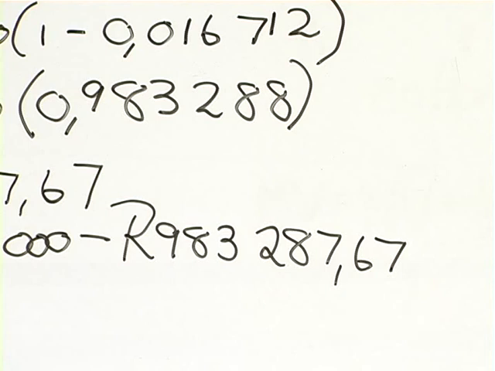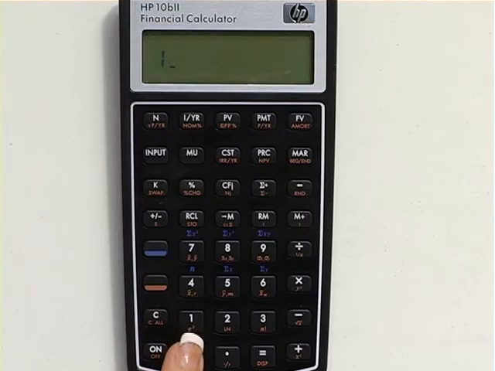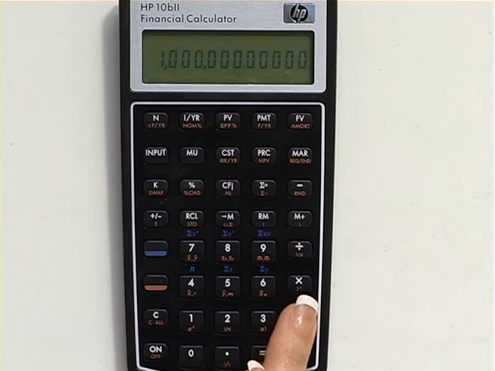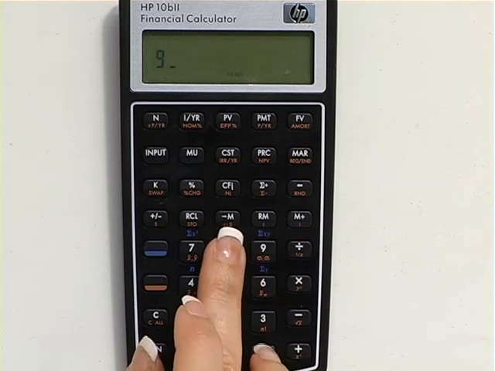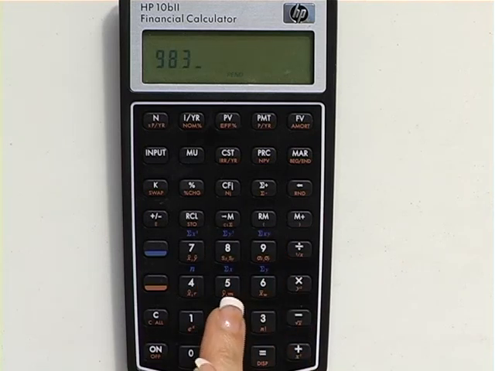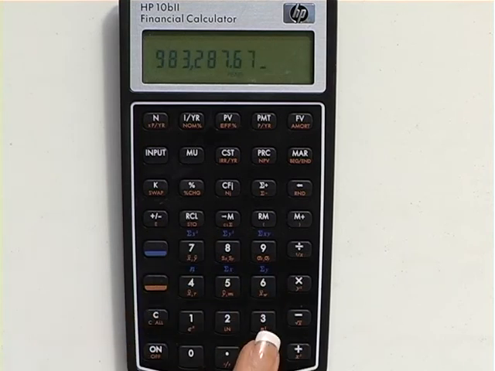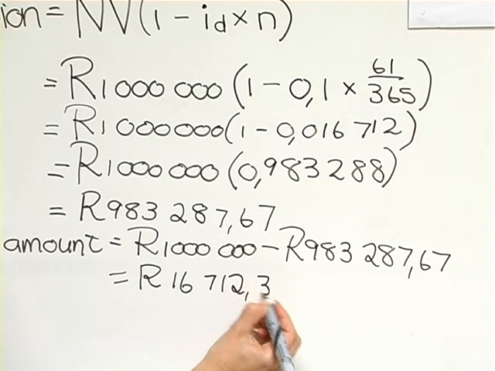Right, let's do that calculation. So it's the nominal value, 1 million, minus the consideration, 983,287.67. That gives you 16,712 rand and 33 cents.